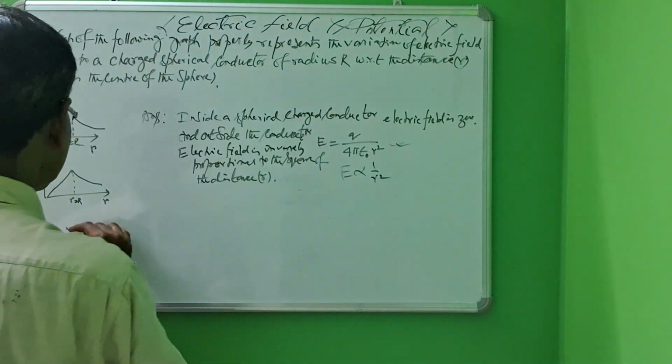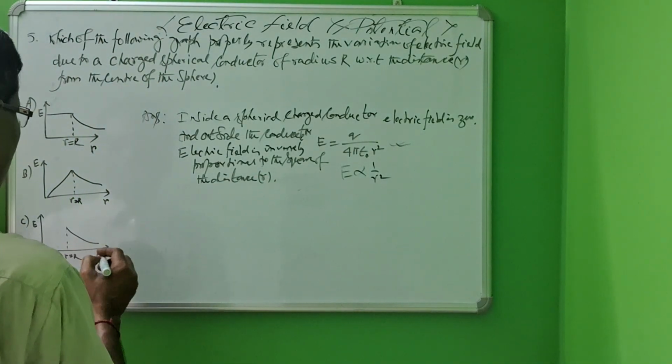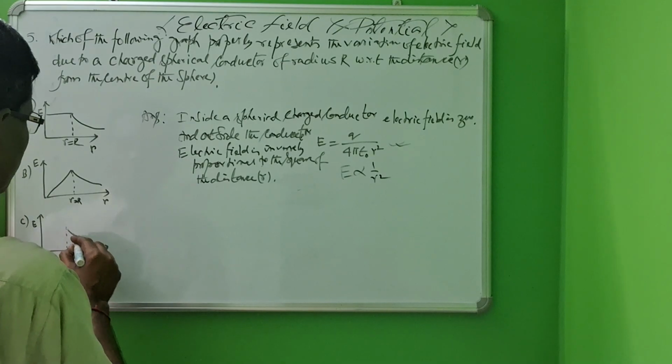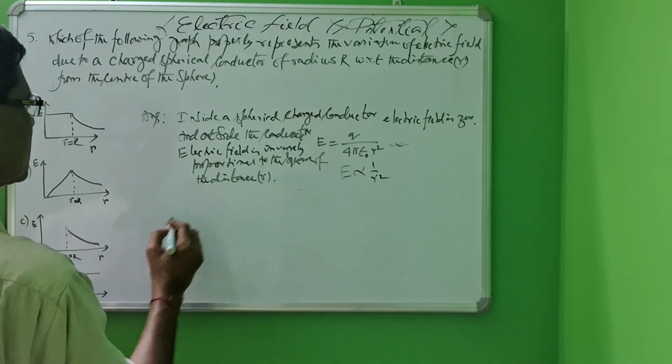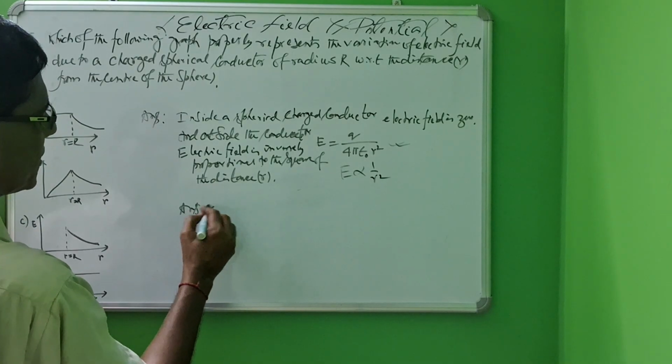So this one is a graph which is for this characteristic. So answer C is the correct one.